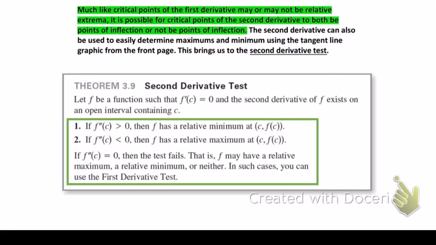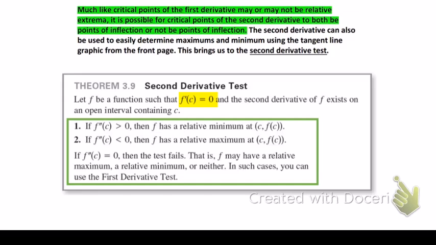We get to the second derivative test, and look what it's saying. You're really going to have to go back and read this a few times because you're going, well, that's just what we just found out. No. You got to take this in chunks. This says let f be a function such that f prime at some value c equals 0.